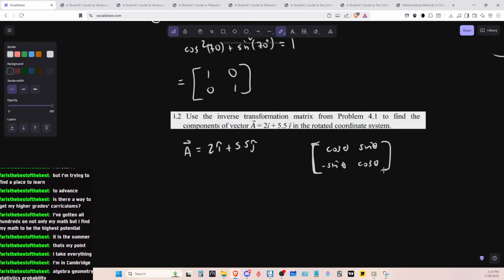Okay. Now, because this one revolves around the original, which is cosine, sine of theta, and, oops.